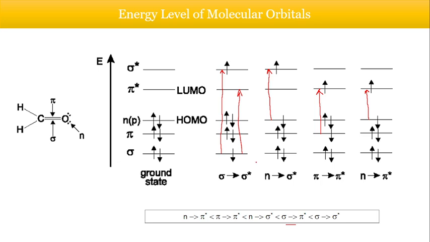From the previously said equation, E equals hc by lambda, you can tell that as the energy increases, your lambda value decreases, and your frequency increases. So from this we can comment on the energy as well as the wavelength and frequency for the different transitions.